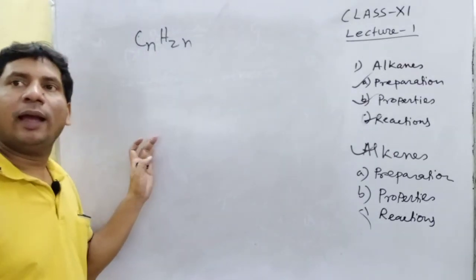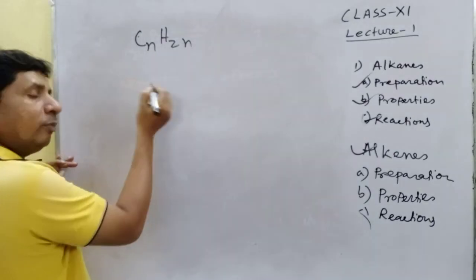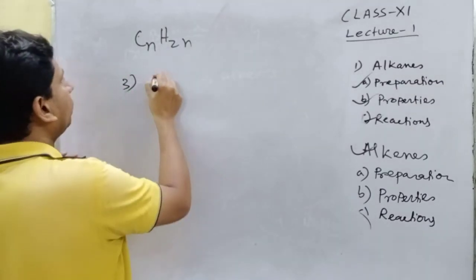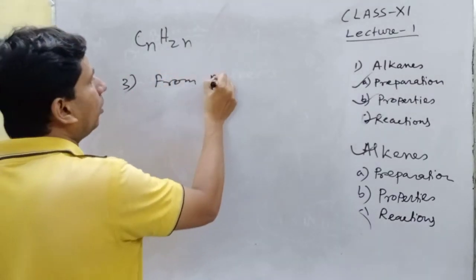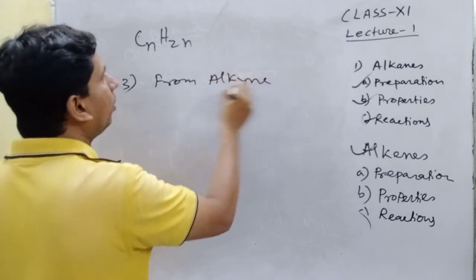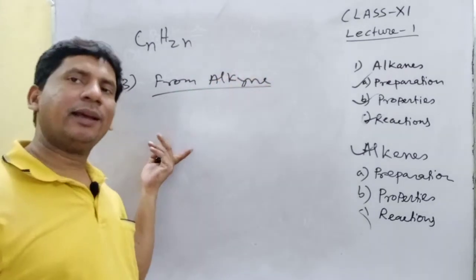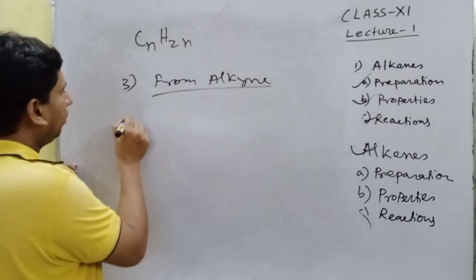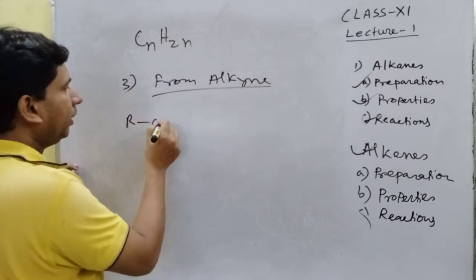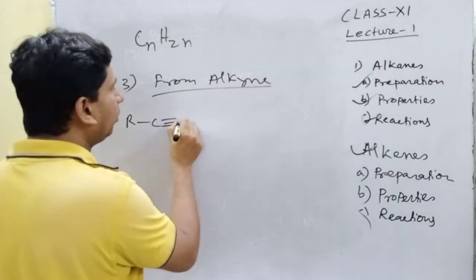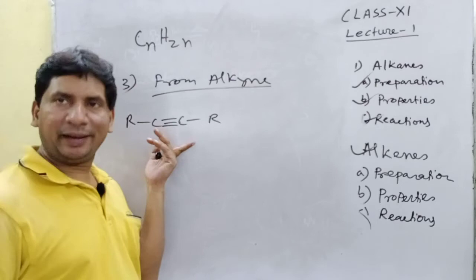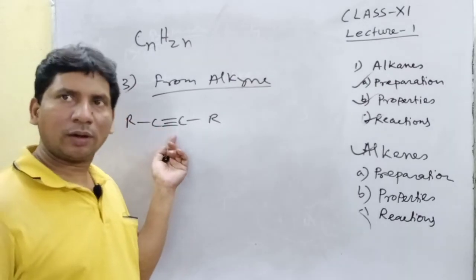And from the alkyne we can get alkene. What happened? Let us consider R, C, triple bond, C, R. This is an alkyne, a triple bonded compound.